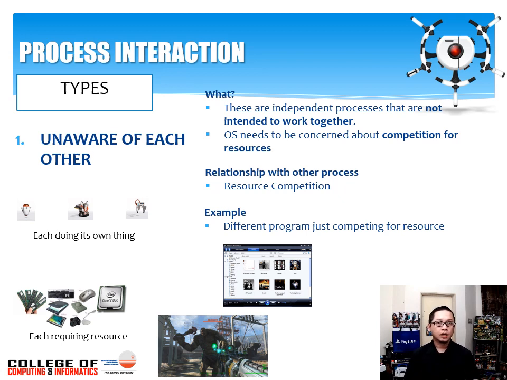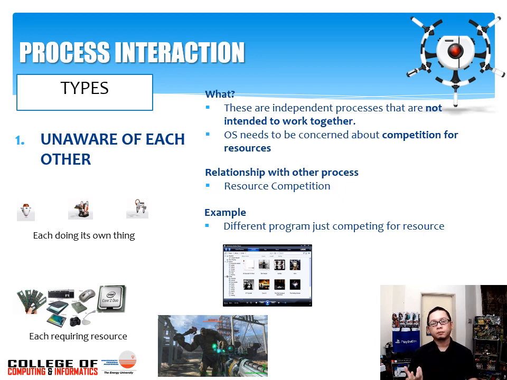For example, I'm opening my web browser and at the same time I'm opening my word processing application. So let's say I'm opening Chrome and I'm opening Word. This is a situation where Word and Chrome are unaware of each other.